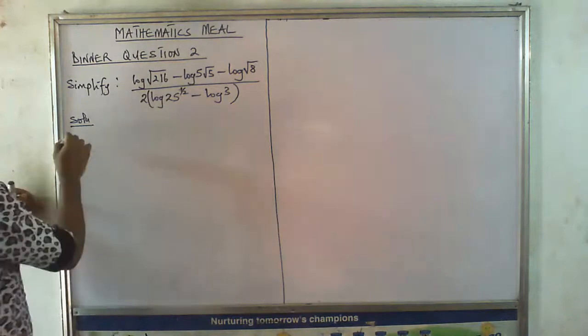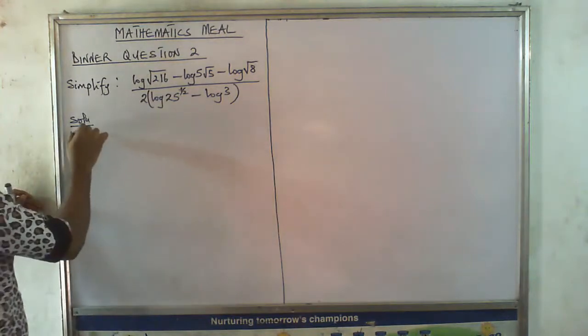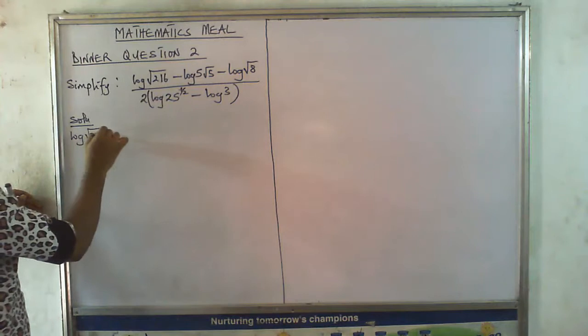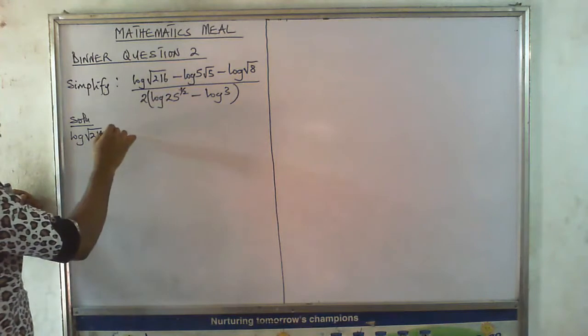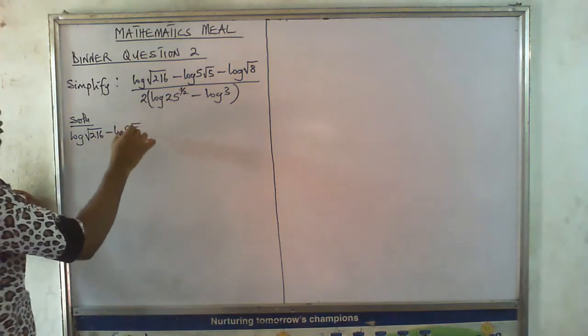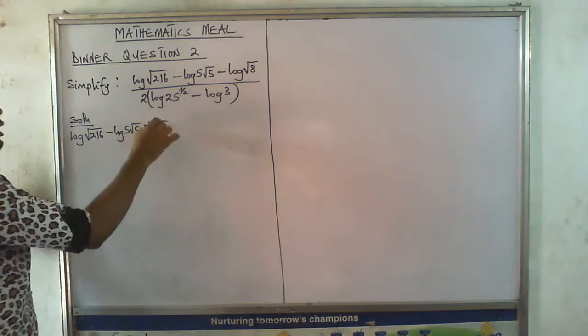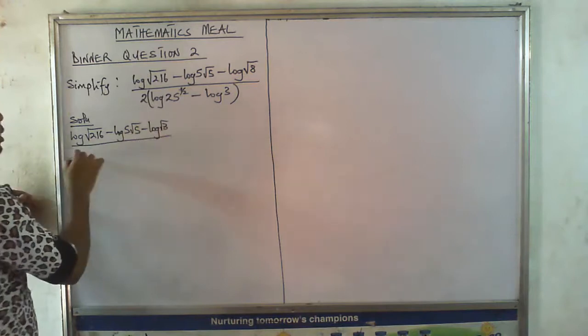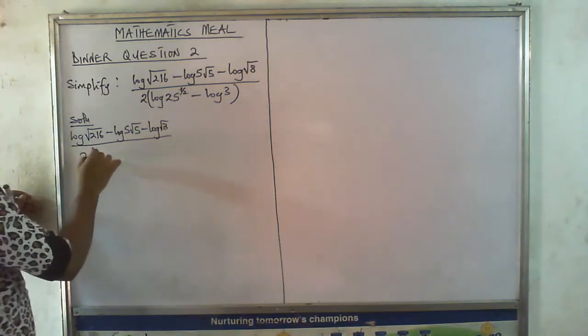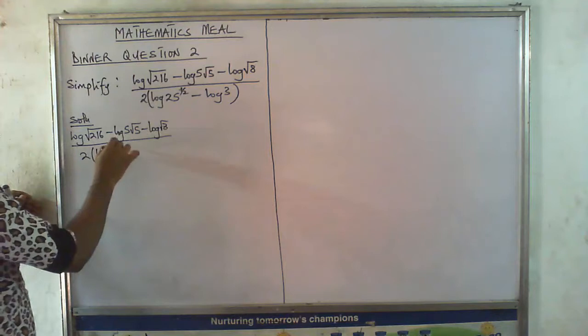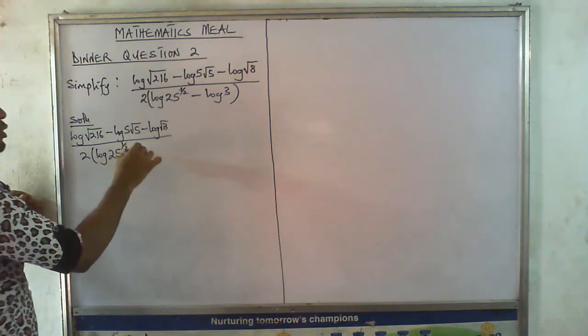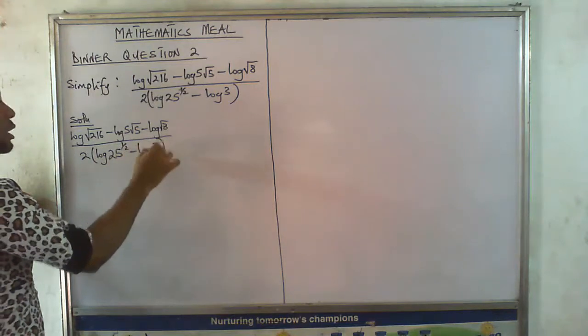All right, let's begin. We have log square root of 216 minus log 5 root 5 minus log root 8 divided by 2 log 25 raised to the power half minus log 3.